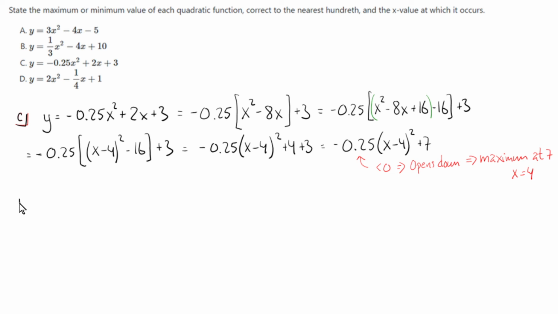And finally, we have y equals 2x squared minus a quarter x plus 1. We factor out the greatest common factor from the first two terms, which is going to be 2, leaving us with x squared minus 1/8 x, and then the plus 1.